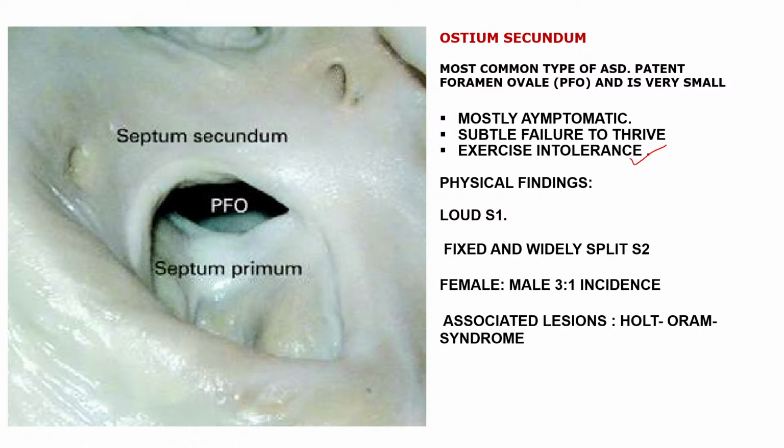Sometimes these defects are very small, so that there is no shunting, but if we see by sonography or other diagnostic procedures, we can see the septum primum and the limbus fossa ovalis, and a small defect is present which is named the patent foramen ovale. And if the defect is small, there will be no shunting of the blood.